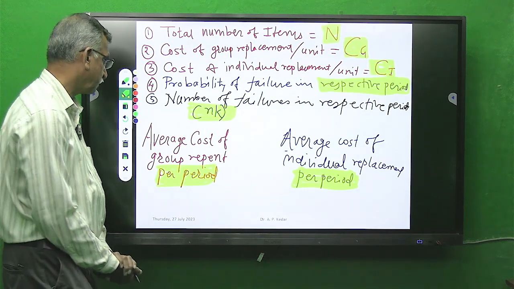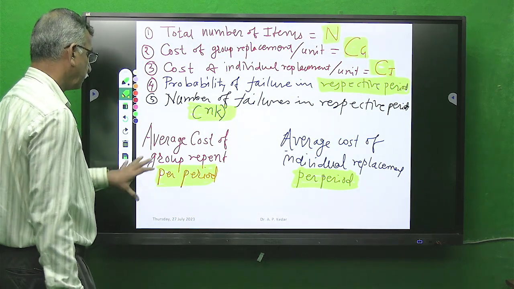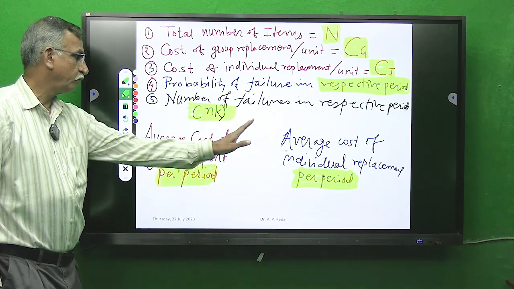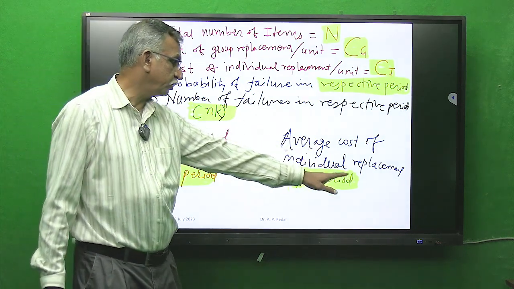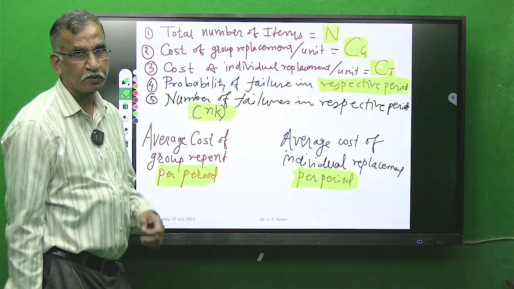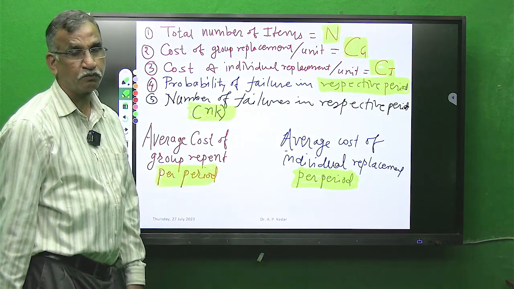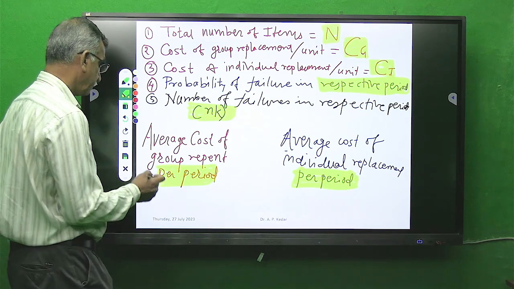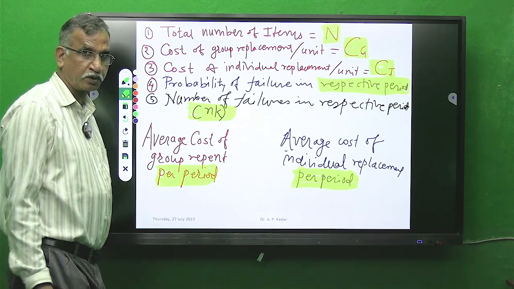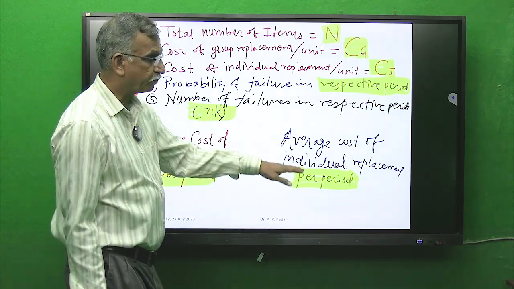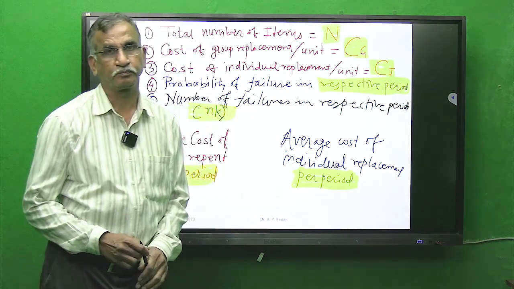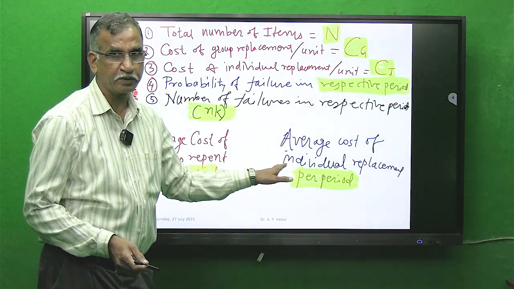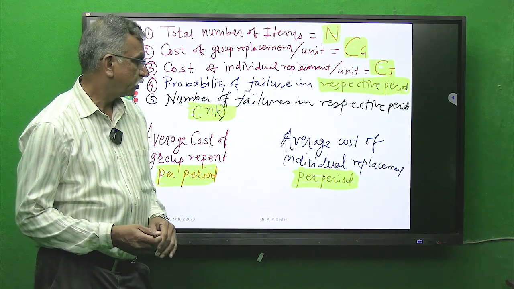Now we will be finding the average cost of group replacement per period, and the average cost of individual replacement per period. We will compare, and how to calculate this, that we will see.